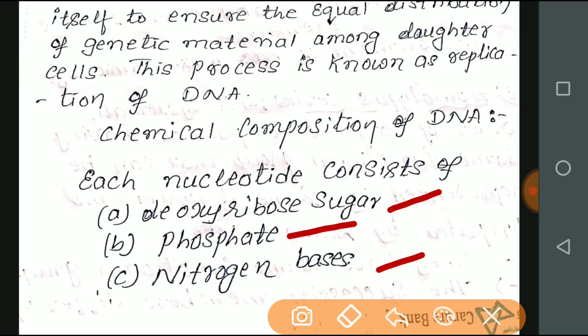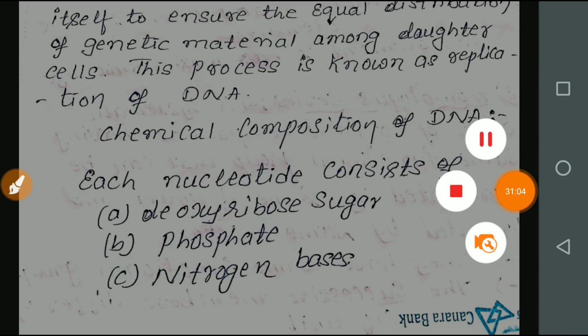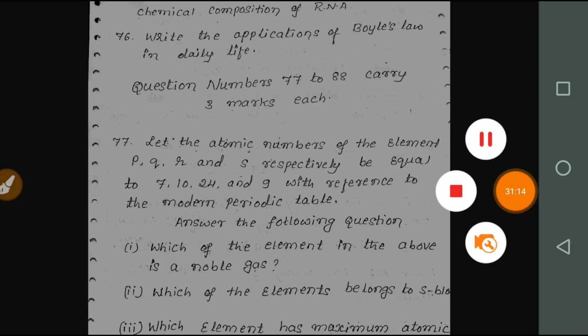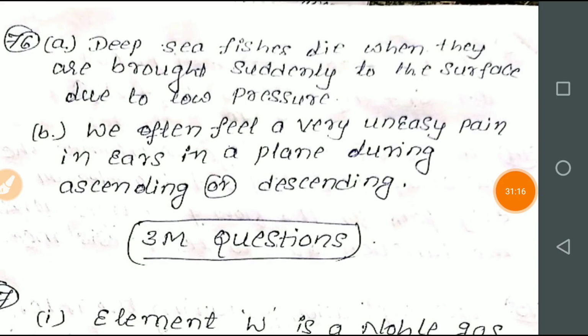Next question. Write the applications of Boyle's law in daily life. The first application is deep sea fishes die when they are brought suddenly to the surface due to the low pressure.